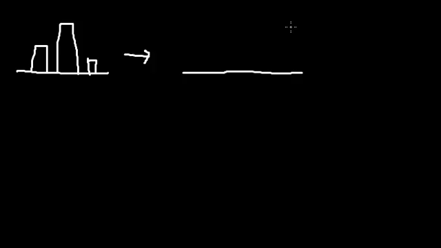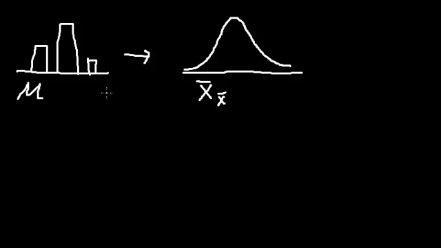But take note that the normal distribution that you produce is called the sampling distribution of the means. Alright, so just remember that it is of the means, not just sampling distribution. And what we learn from this is that the mean of the population and the mean of the sampling means, the mean of the means of the samples, is just equal.